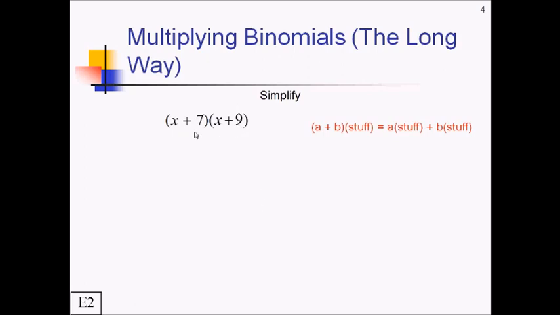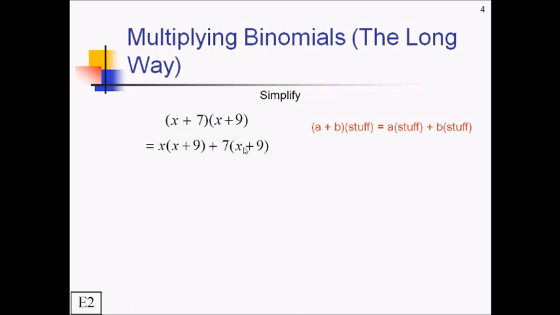So what this will look like, this x here is going to get multiplied by the x plus 9. And this x plus 9 is also going to get distributed to this plus 7. So it's just distributive property, but you're having bigger things to distribute this time around. All right, so what do we do at this point? Well, we can distribute again.